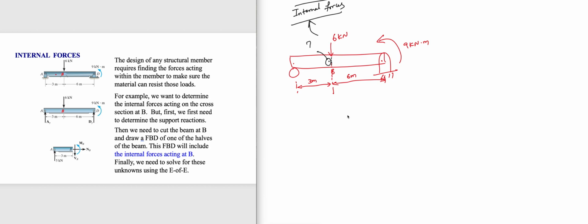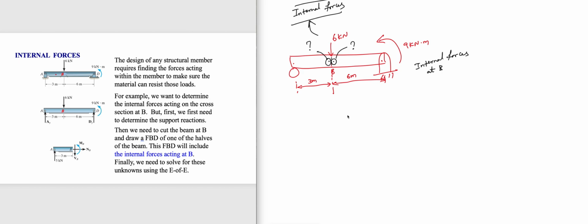And slightly to the right of B, what is happening? If I'm asking what is happening, my question is, what are the internal forces at B? Meaning slightly to the left and slightly to the right, because exactly at B you have a 6 kilonewton force.